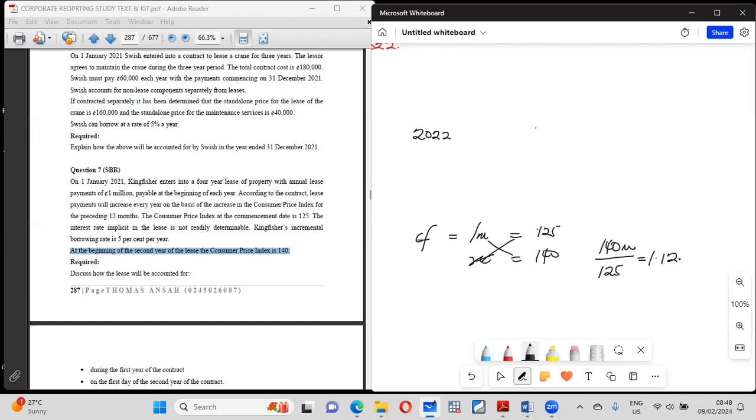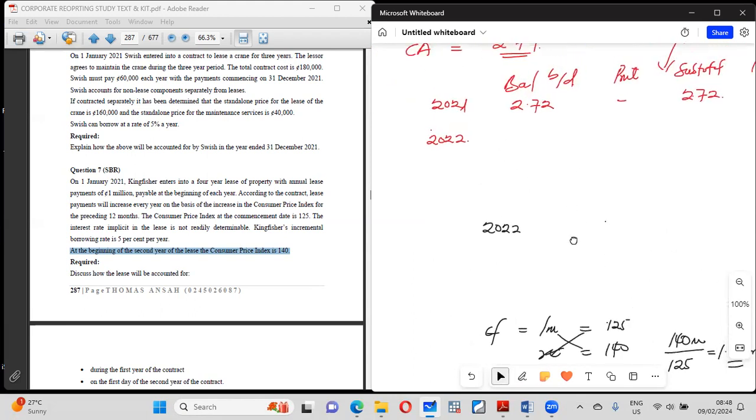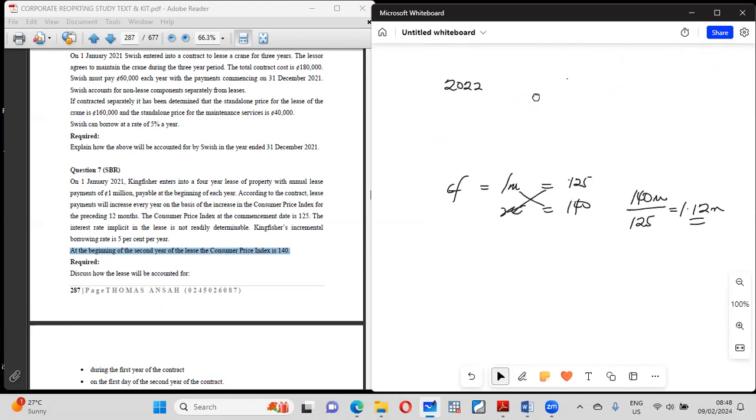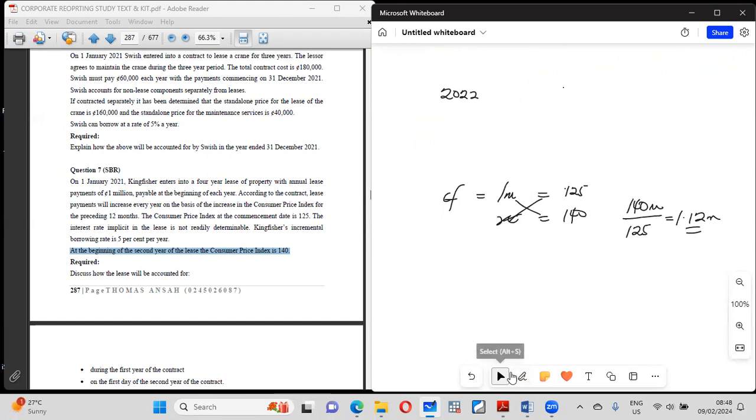So our liability has moved from 1 million to 1.12 as at the beginning of 2022, the payments. And this is at the beginning, don't forget, from 2022, 2023, then 2024.